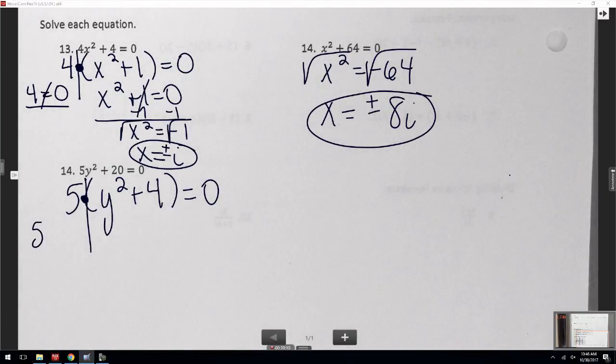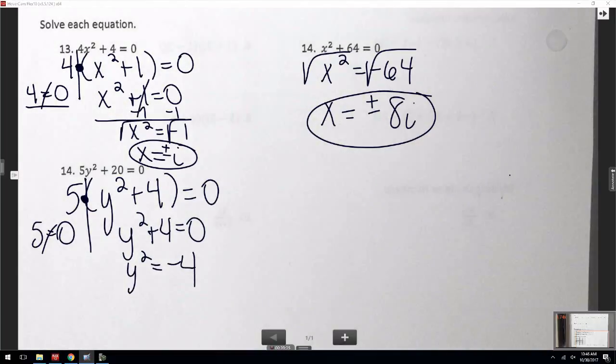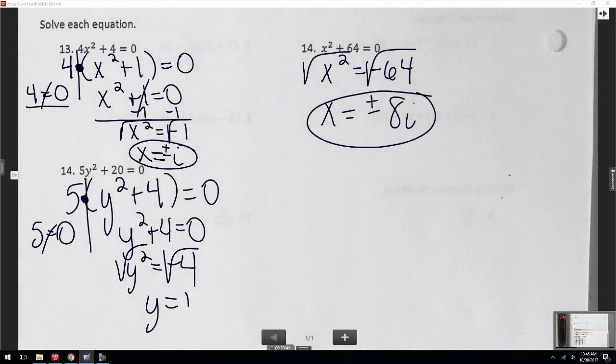Cut it. 5 doesn't really equal 0, though. And then set the other one equal to 0. Y squared plus 4. Subtract the 4. There you go. Then what? Square root. And you get how much? Perfect. Plus and minus 2i.